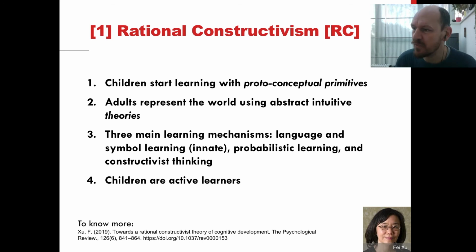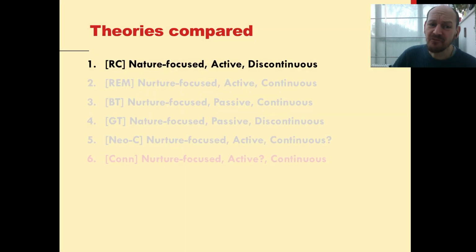So Xu would think that our brain is prepared to, for instance, process numbers in a specific way, but also process grammar and lexical knowledge in a completely different way, because we have, following a theory by Fodor, this kind of modular structure of the mind. And finally, according to Xu, children are active learners.